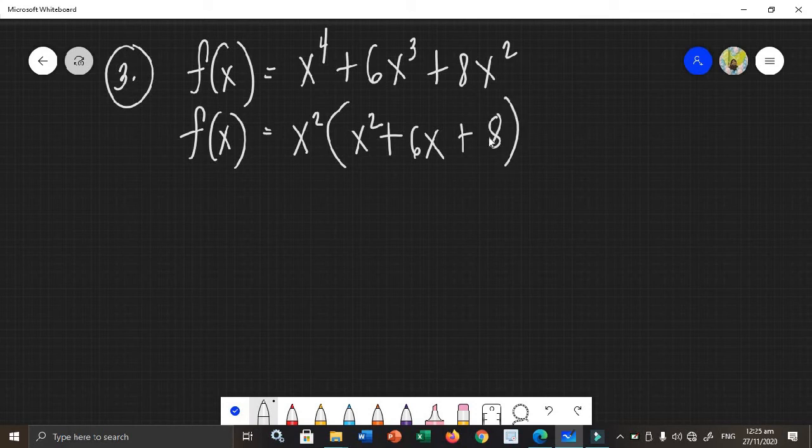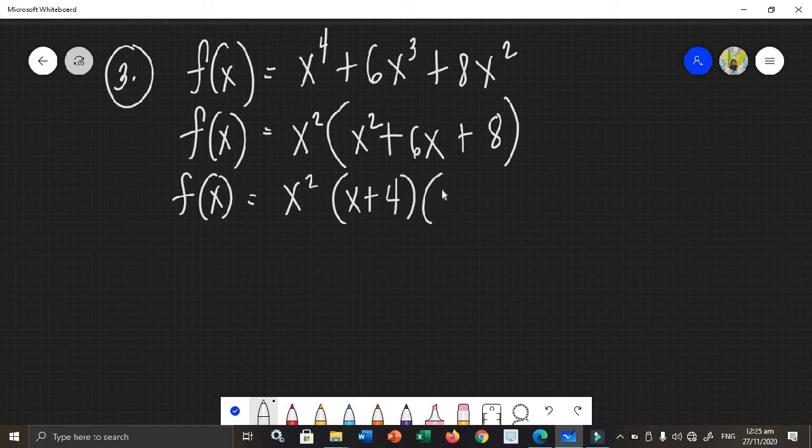Now, what will happen is we need to factor again because this has a trinomial. So, katulad ng ginawa natin sa example number 2, we need to factor this out. So, we have x squared and the factors of this one are quantity x plus 4 and quantity x plus 2.